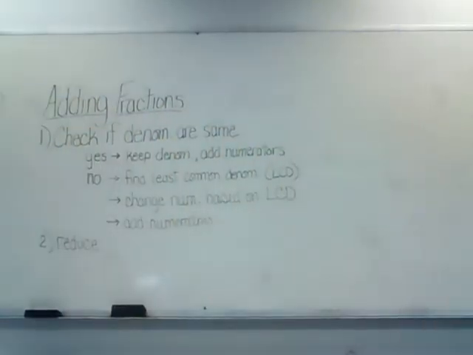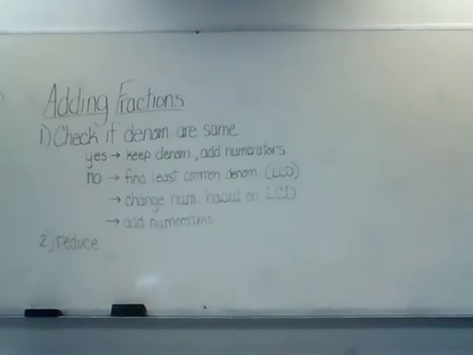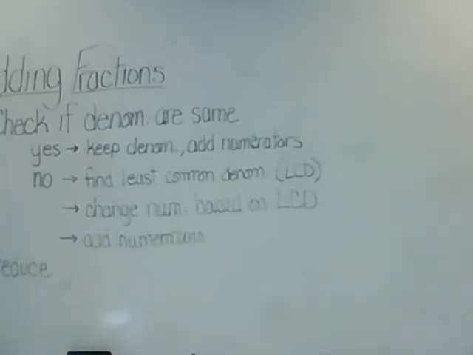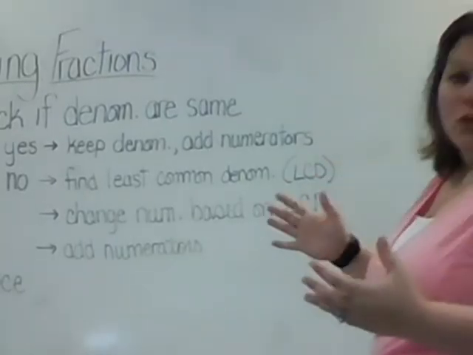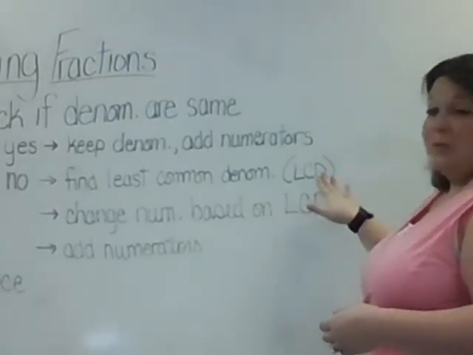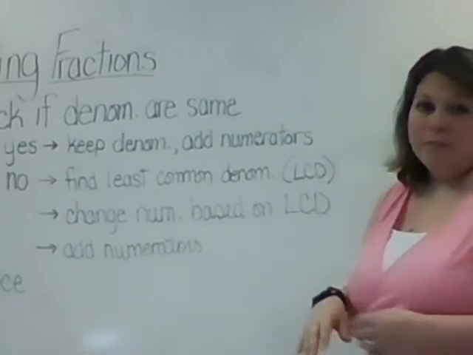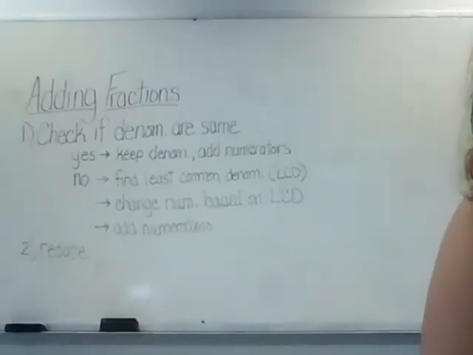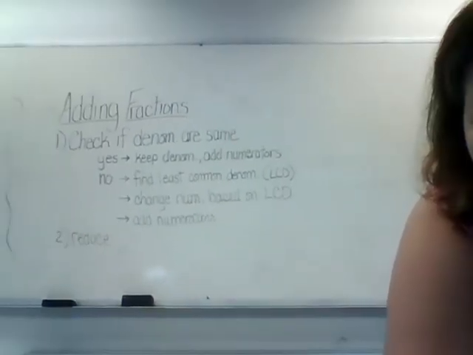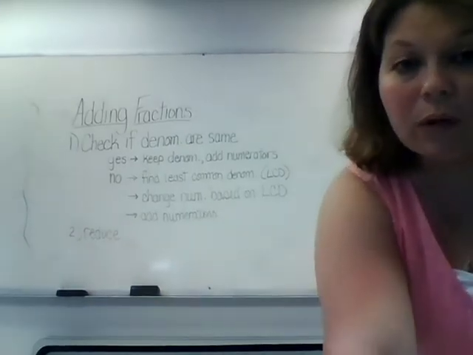So I'm just going to come over and zoom this in so that you could see those steps a little bit better, because my marker started to dry out a little bit, unfortunately. So what I want to do is talk about this concept of least common denominator. I'm going to zoom this out again. You have a worksheet that you're going to be doing that's called least common multiple.